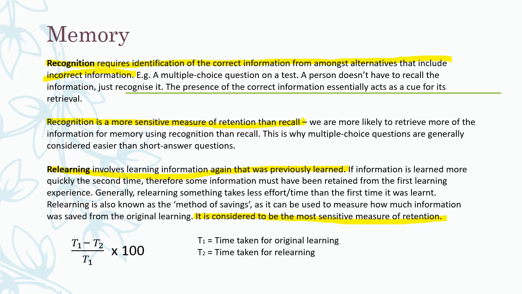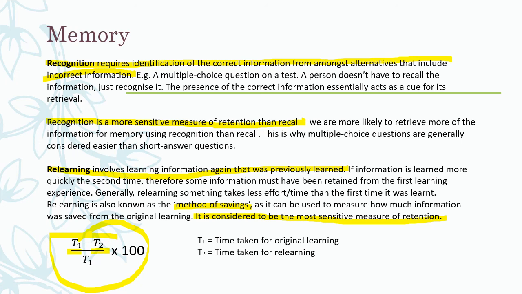So this is the method of savings down the bottom here. The method of savings is the time that it took for original learning. So let's say it took you 100 minutes, because it's nice and easy, right? Minus the time that it took you the next time, it took you only 50 minutes.